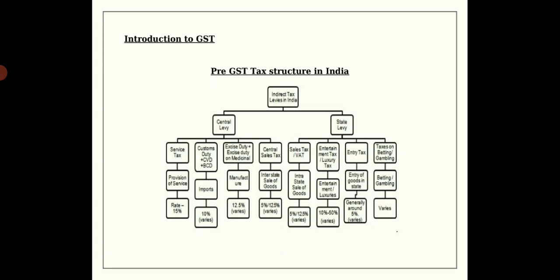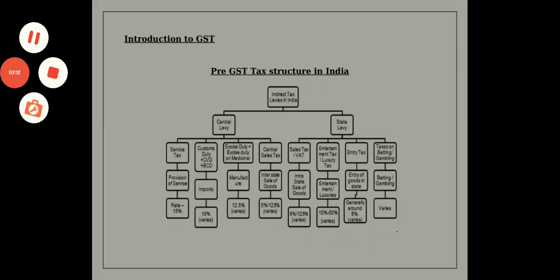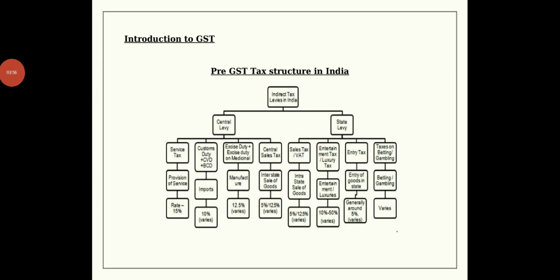Central government levies excise duty on manufacturing, customs duty on imports and exports, and service tax on services. On the other hand, VAT, entry tax, purchase tax, octroi and duty on liquor are levied by the state governments. Apart from this, there are various other taxes.